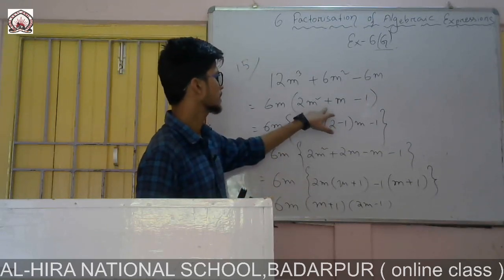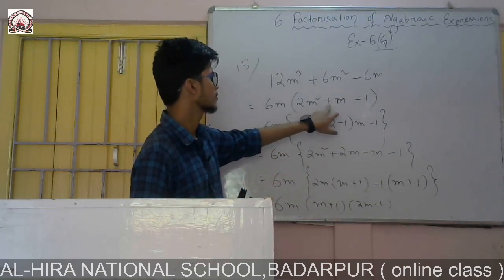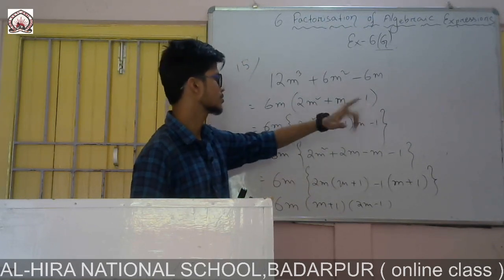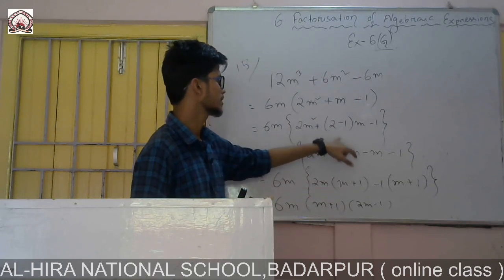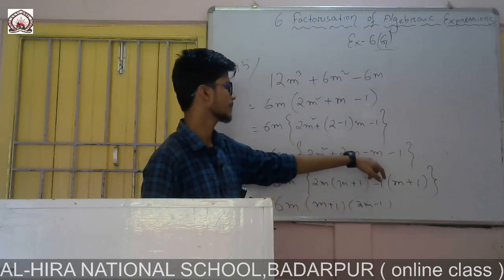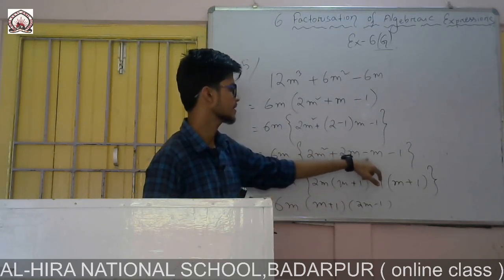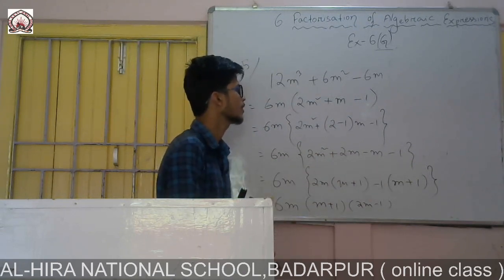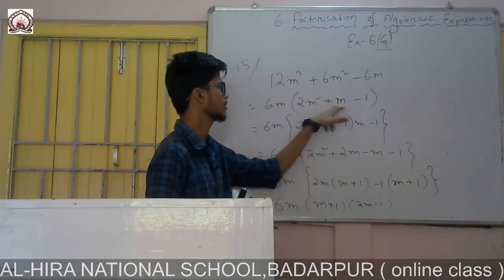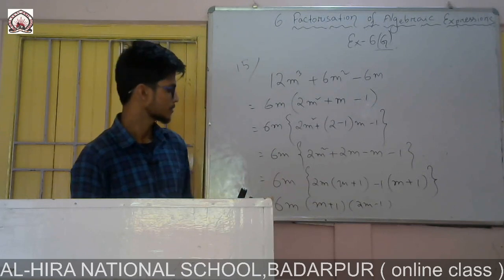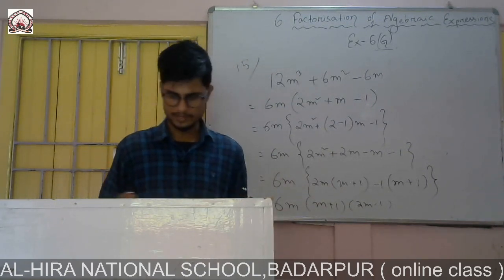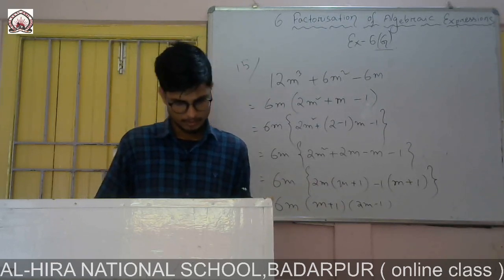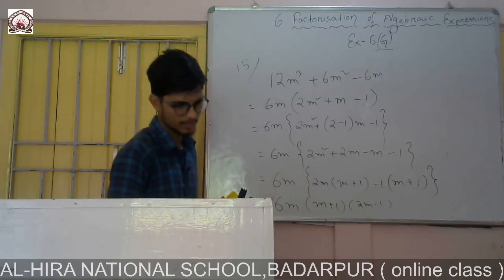For 1 I have taken 2 into 1 is 2, and 2 minus 1, if I write in place of 1, equal to twice m minus m, and if I solve, 2m minus m is only m, and the sign will be plus. So these are the factors: 6m, m plus 1, and at last twice m minus 1. So now let's move to question number 17.